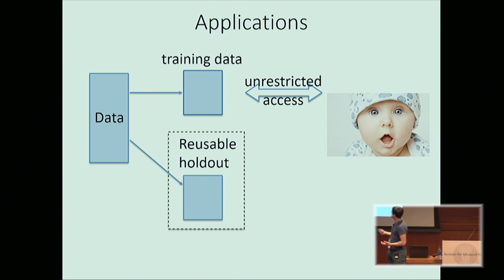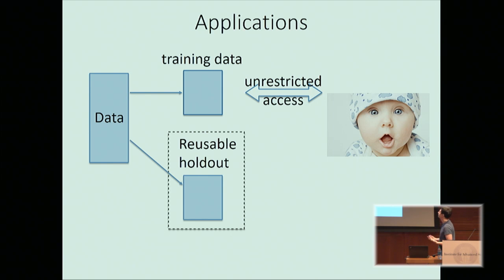Okay, so the holdout method is the following. It's a sort of simple procedure for trying to avoid overfitting. I take my data set, I split it in two, I train my model by doing whatever I like on the training set, and then I evaluate it on the holdout set. Okay? That works because I've held out the holdout set, no matter what I did on the training set, the holdout set is independent of the model I selected.